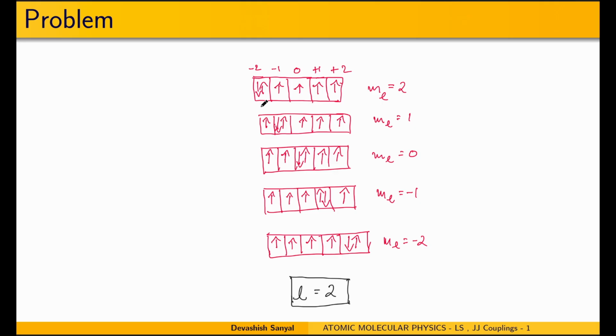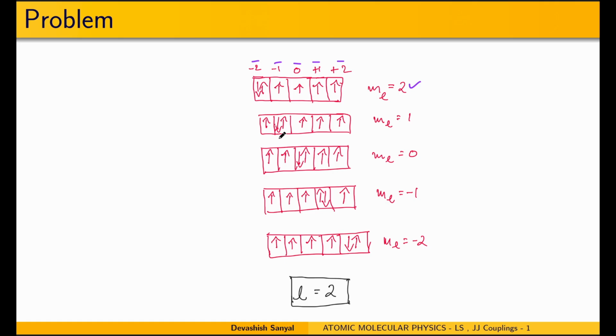So this is my d6 case, and this can be these boxes. For a d orbital, the possible ml values are -2, -1, 0, +1 and +2, and the electrons are situated in these boxes. In one box we have the paired electrons. In this case, the total z component of the angular momentum is 2, because -1 and +1 cancel out and we have 2.